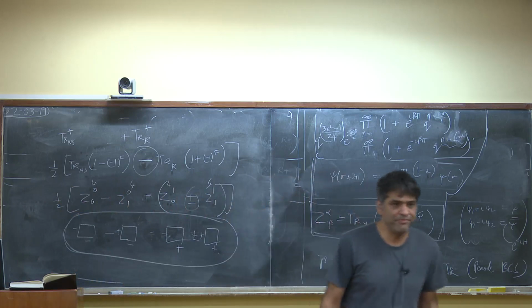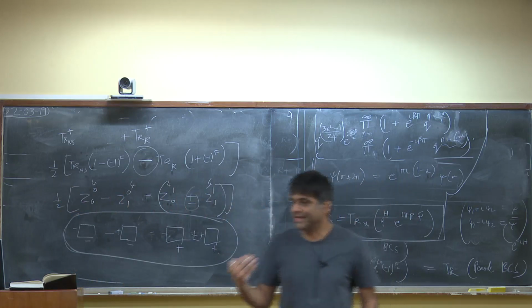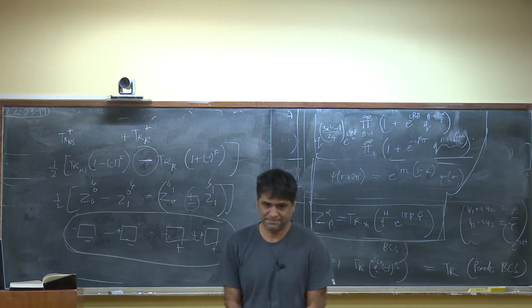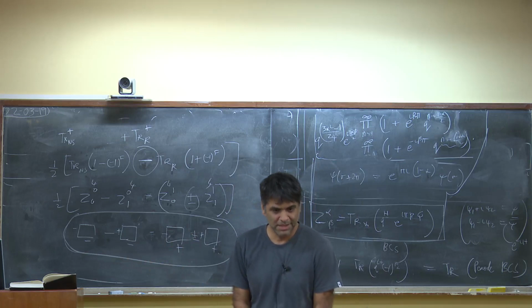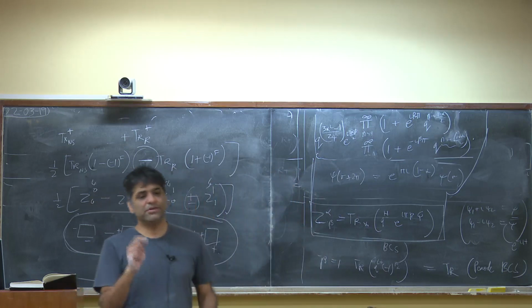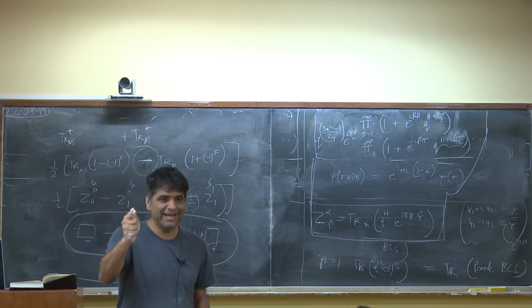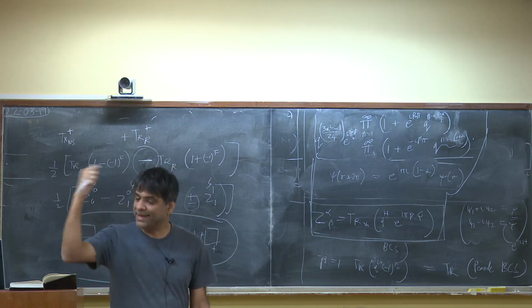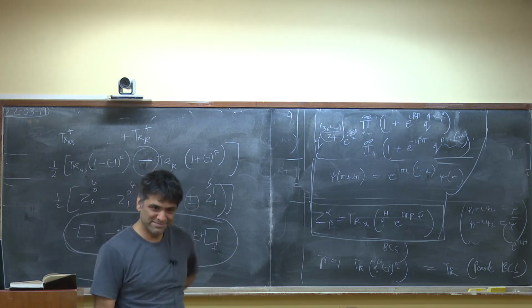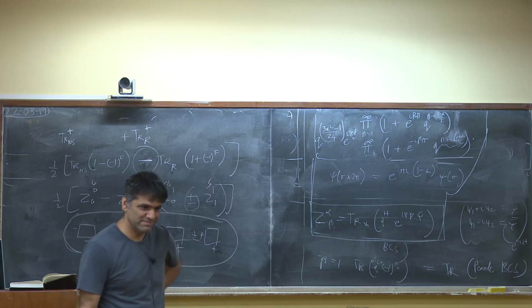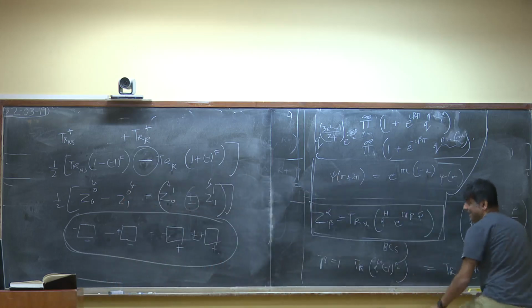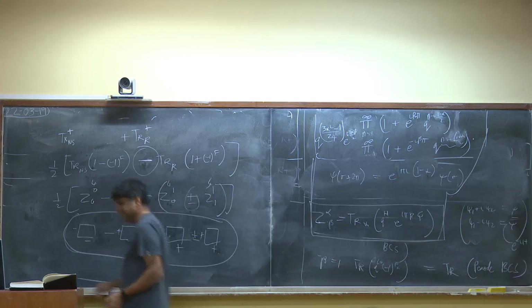Well, it's very simple. Under T transformations, what are we doing? We're doing tau goes to tau plus 1. So under T transformations, what you pick up is e to the power i 2 pi (L0 minus L0 bar). What we pick up is a rotation.